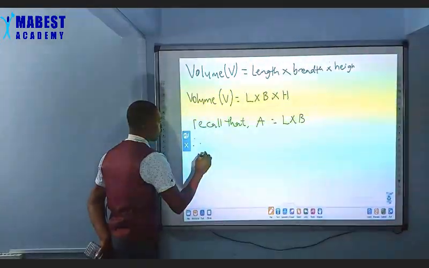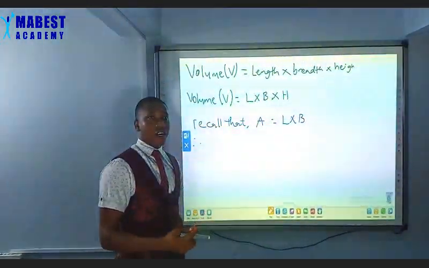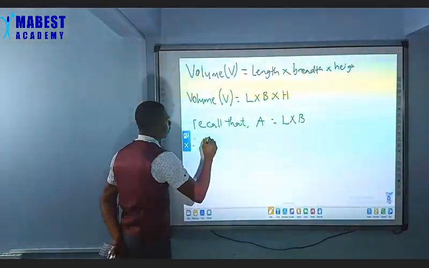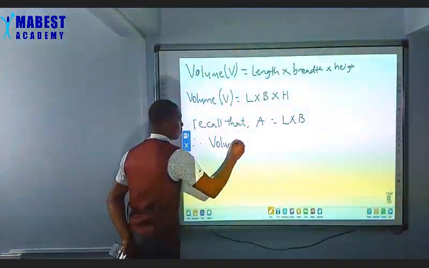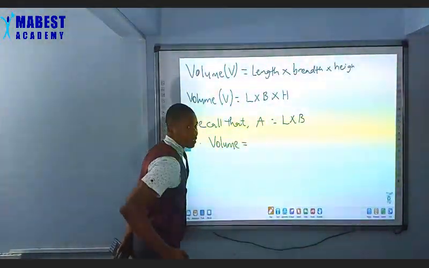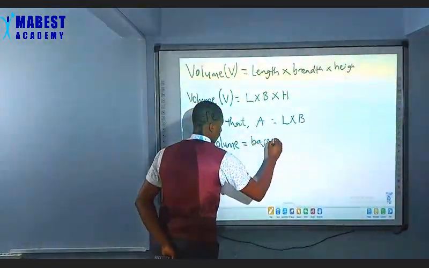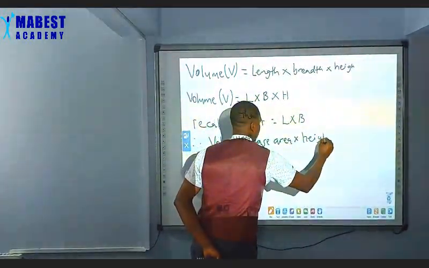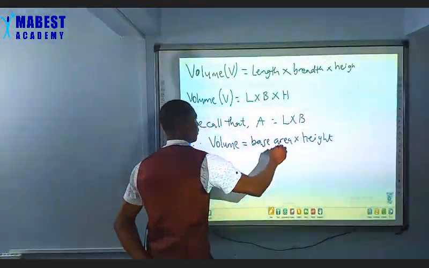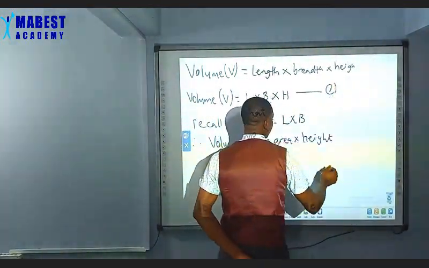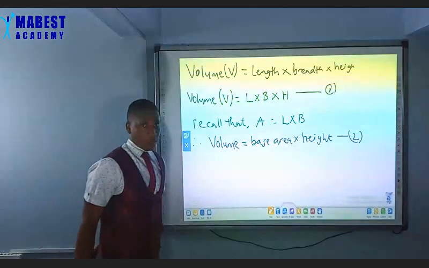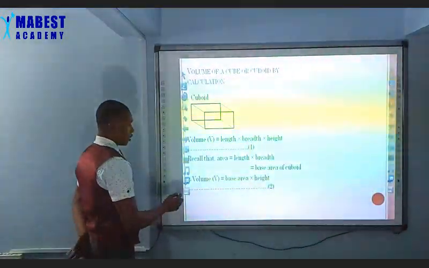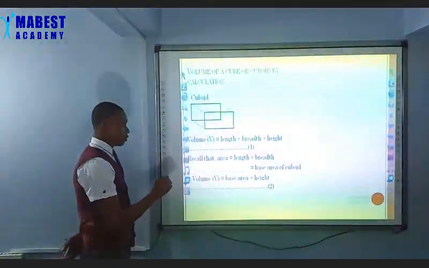Since the base of a cuboid is just like a rectangle, the volume of a cuboid is equal to the base area multiplied by the height. That is the second formula we can use, and the first formula is length times breadth times height. We can move back to our slide.